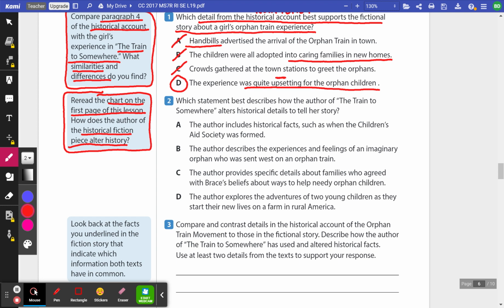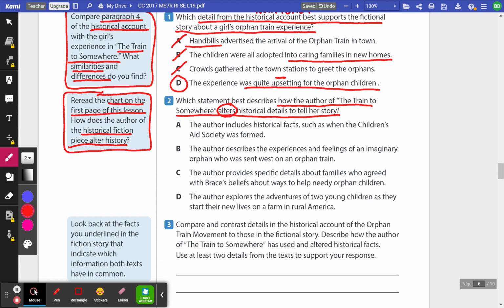And number 2 says, which statement best describes how the author of The Train to Somewhere alters historical details to tell her story? So we know The Train to Somewhere is our fictional text. It's the historical fiction story about the girl. So we have to figure out how the author altered historical details in order to tell her story.